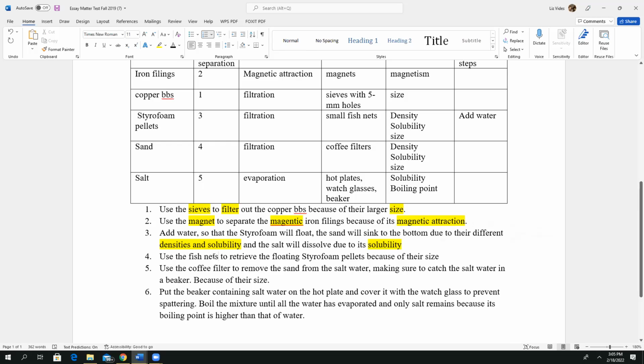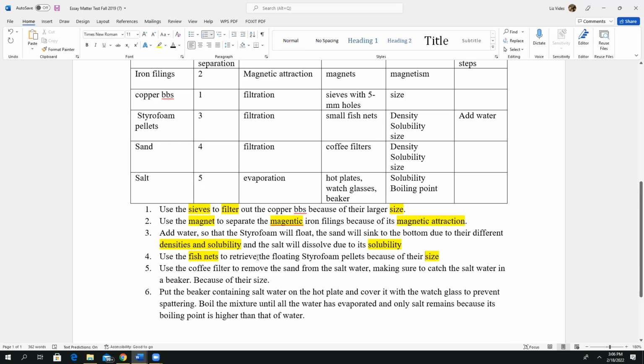Okay, so you're using fishnets, and it's because of size. So there's another one right there. And you're retrieving. Okay, so you did not say to filter out, but retrieve is good.